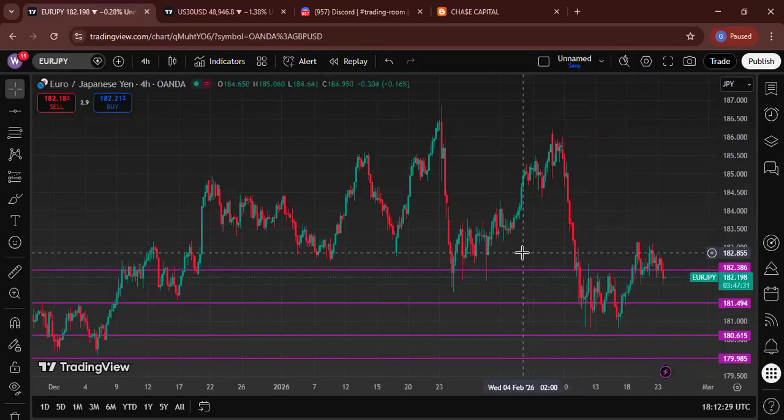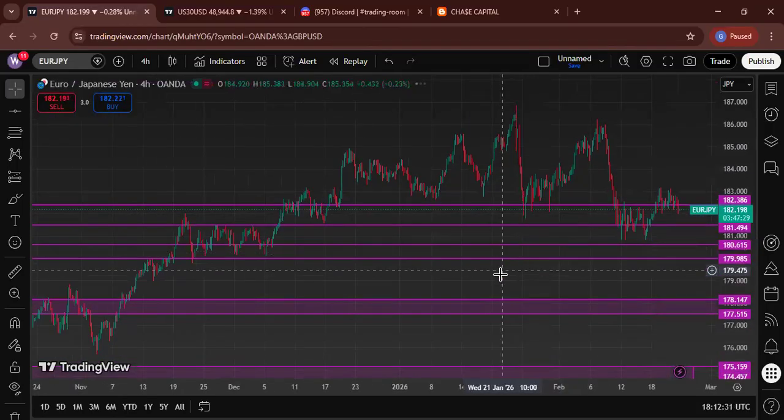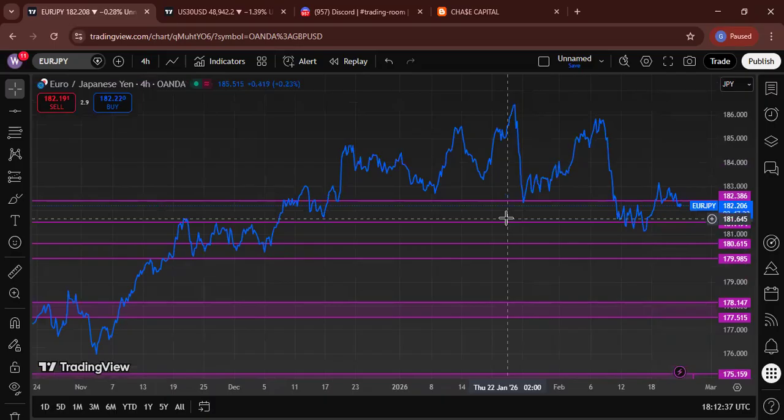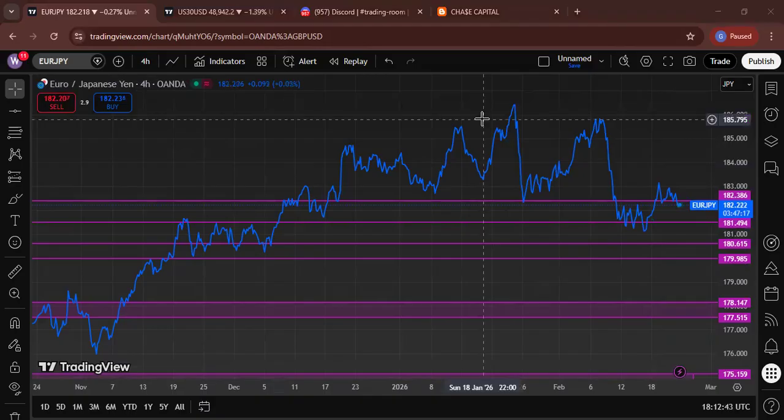Euro JPY again, this is what we were saying, there's a zone above a zone. This is the demand. So this is what we have.